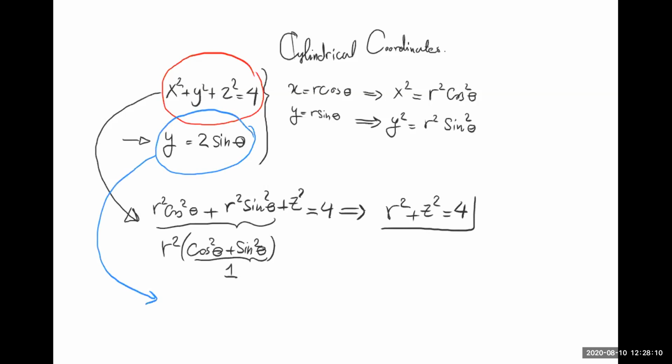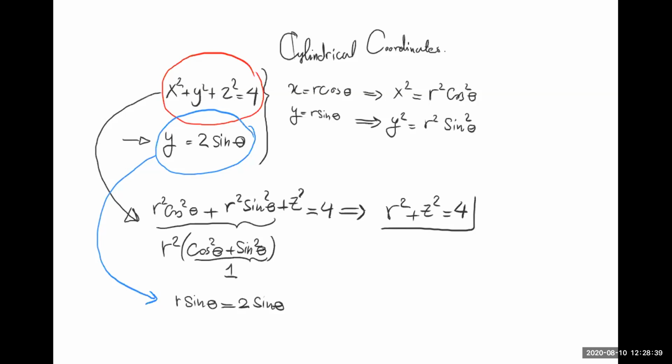Y equals 2 sine theta. What would be the equation of this cylinder in cylindrical coordinates? Does anyone know? Well, y is equal to r sine theta, which is supposed to be equal to 2 sine theta, right?